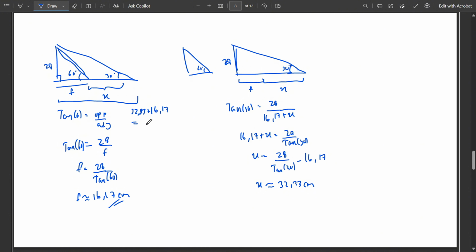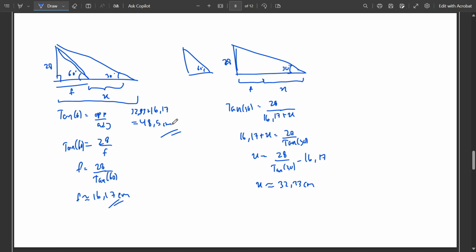Well, it's equal to, this adds up to 48.5. Yeah, okay, 48.5 centimeters. Okay, that's the whole length of that.